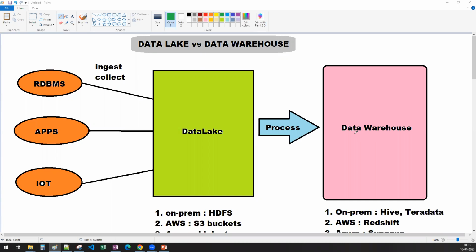Okay, but the thing here is the data warehouse. If it is a structured data warehouse, even though the source is a CSV file, or a JSON file, or some other format like Parquet or Avro, in the data warehouse the data will be in the form of what, sir?